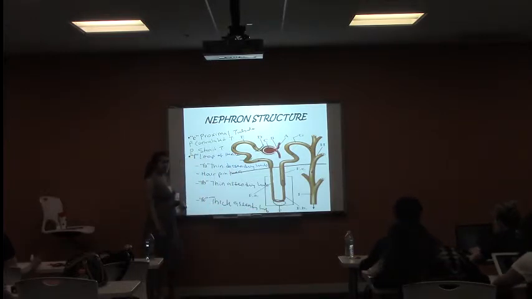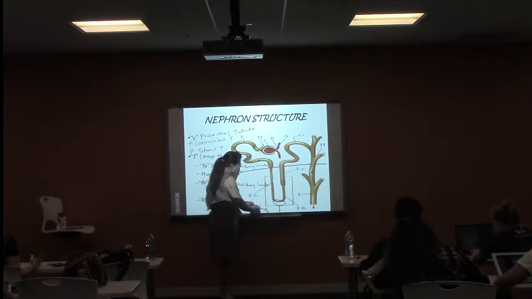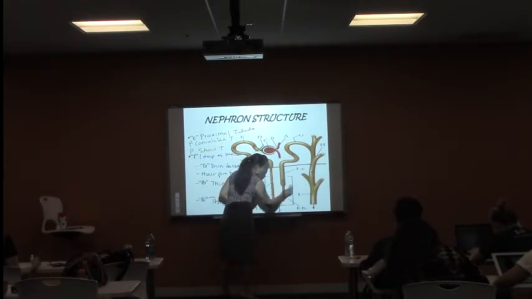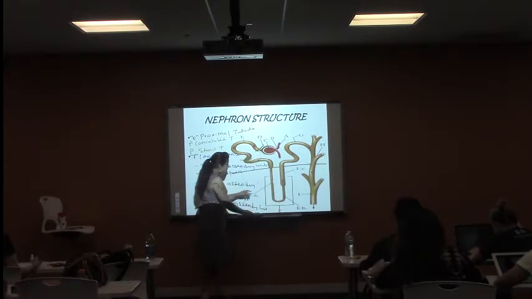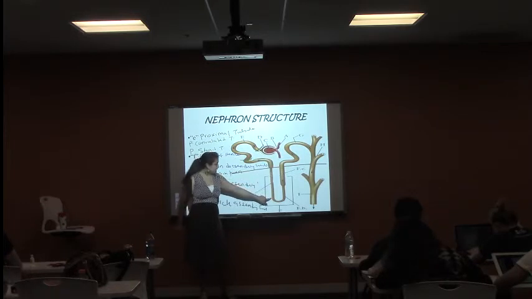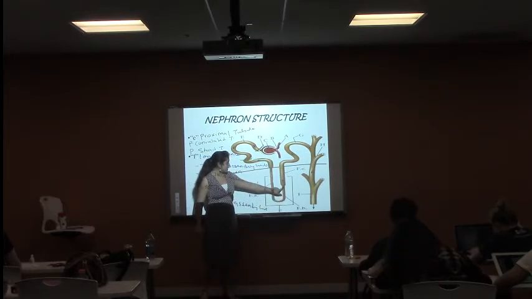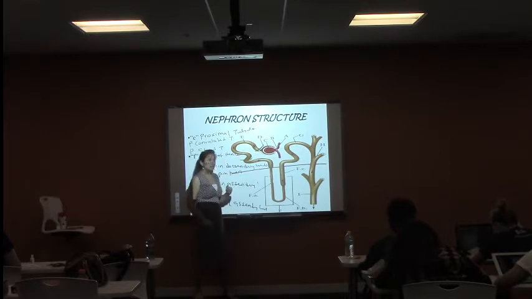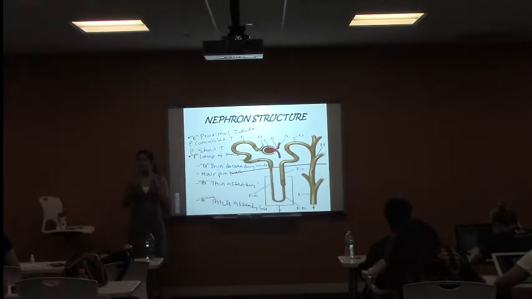Does that make sense? So loop of Henle has multiple parts: thin descending, the hairpin turn, thin ascending, thick ascending. Okay? All of those four parts are called the loop of Henle collectively.